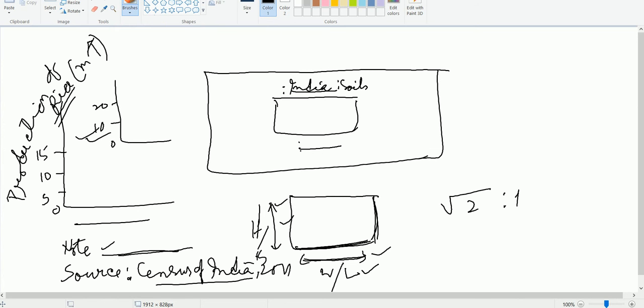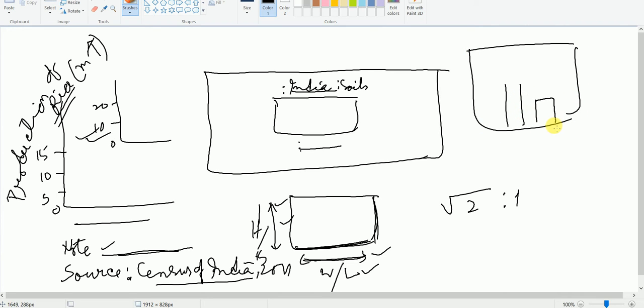For example, you have a diagram like this, and you are using this set for this column, and you are using this set for this column. So what does this horizontal line mean? And what do these inclined lines mean?